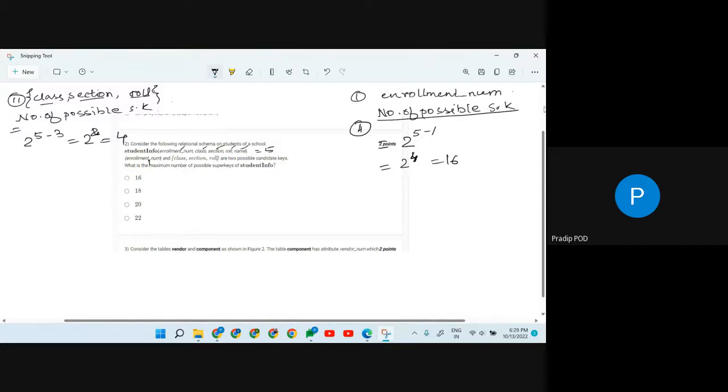Here one catch is that there is a repetition.